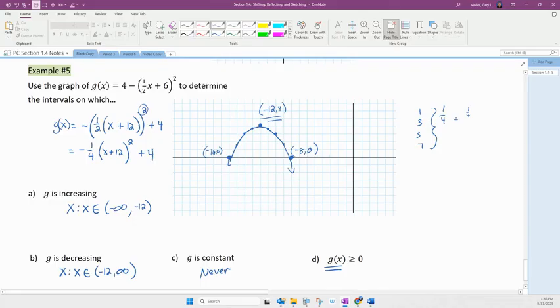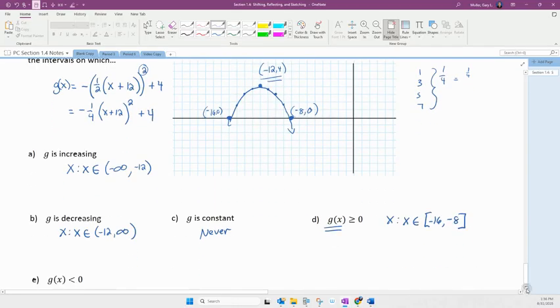Okay, so it is positive for the x's in the region, including, because it's or equal, negative 16 to negative 8. All right, did I ask anything else?